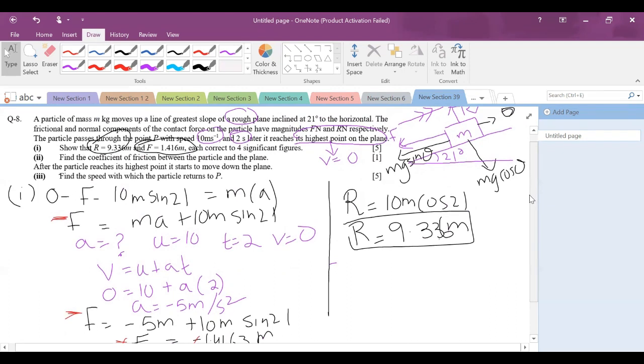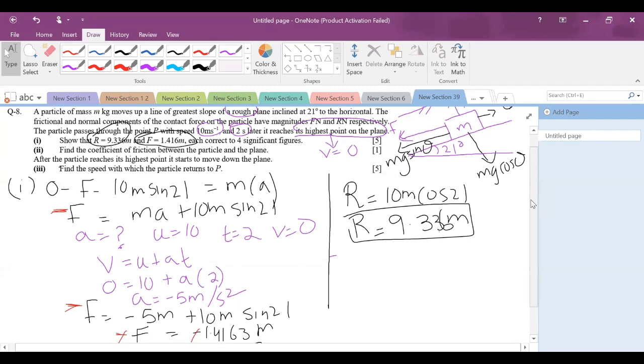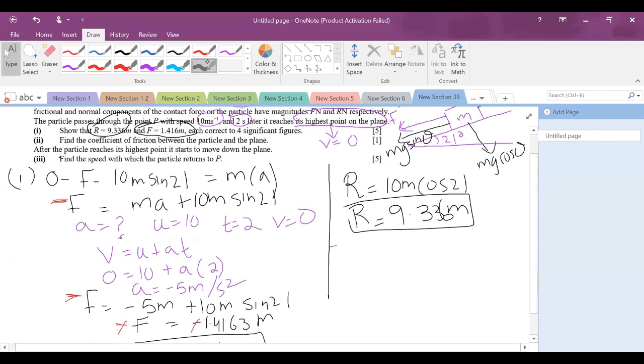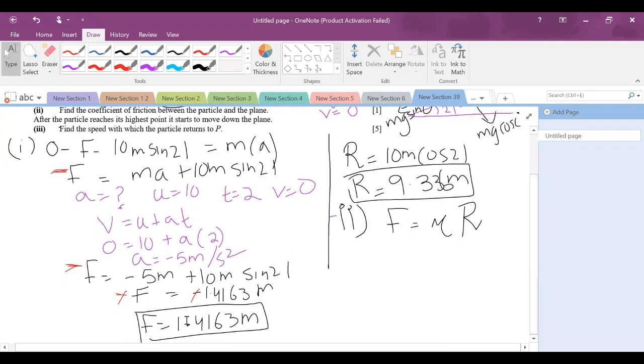Part 2 says find the coefficient of friction between the particle and the plane. Coefficient of friction आता है friction के formula से, and we know that friction is equals to mu r. So we found friction in terms of m already, which is 1.4163 m, equals mu is what we have to find, and r we already know is 9.336 m.